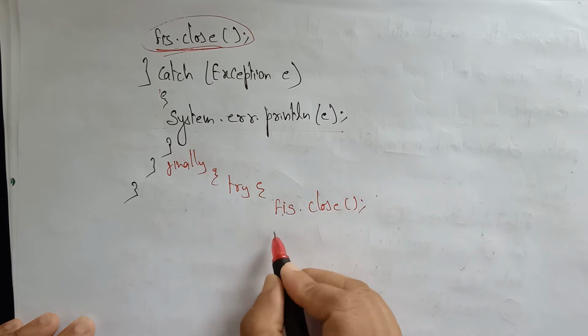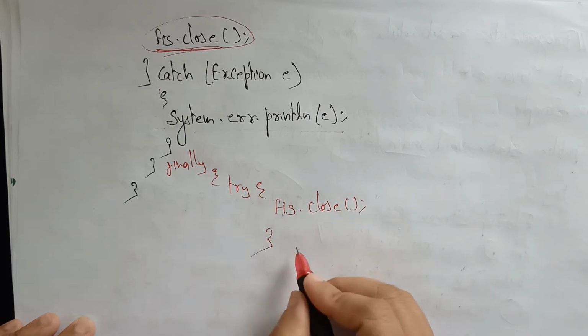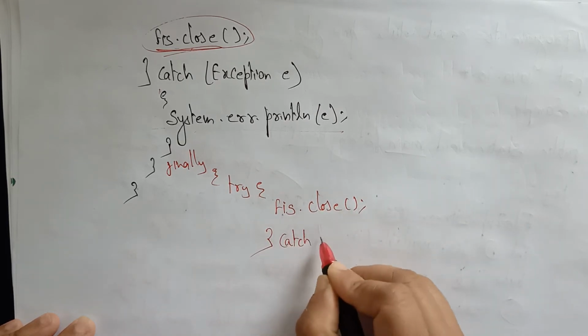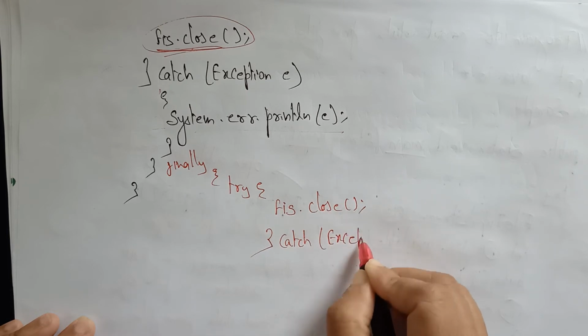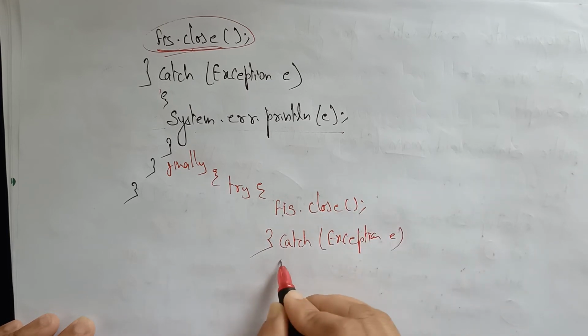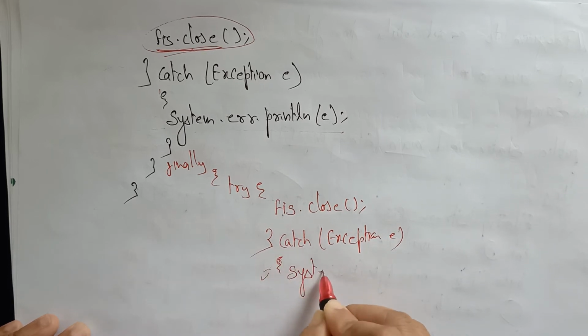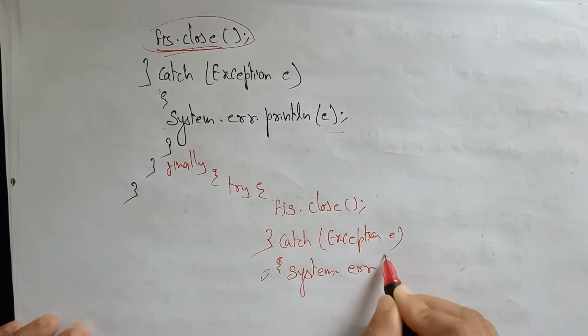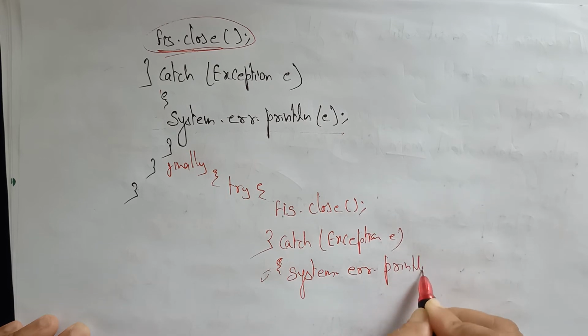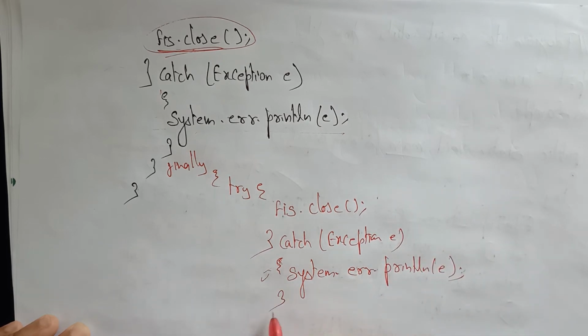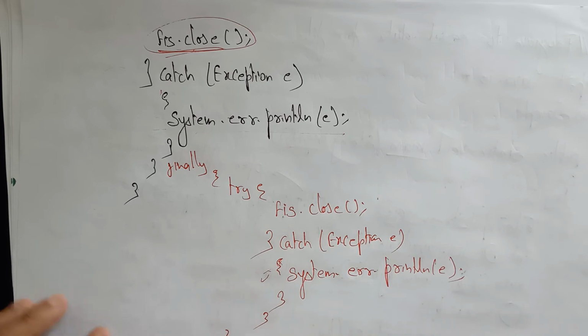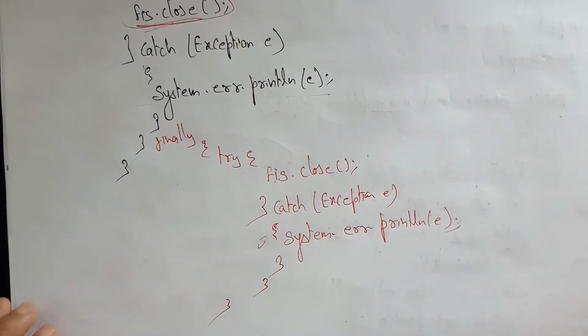After closing the file, catch exception: if any exception occurs, System.err.println(e). You can insert the file close in the finally block also.